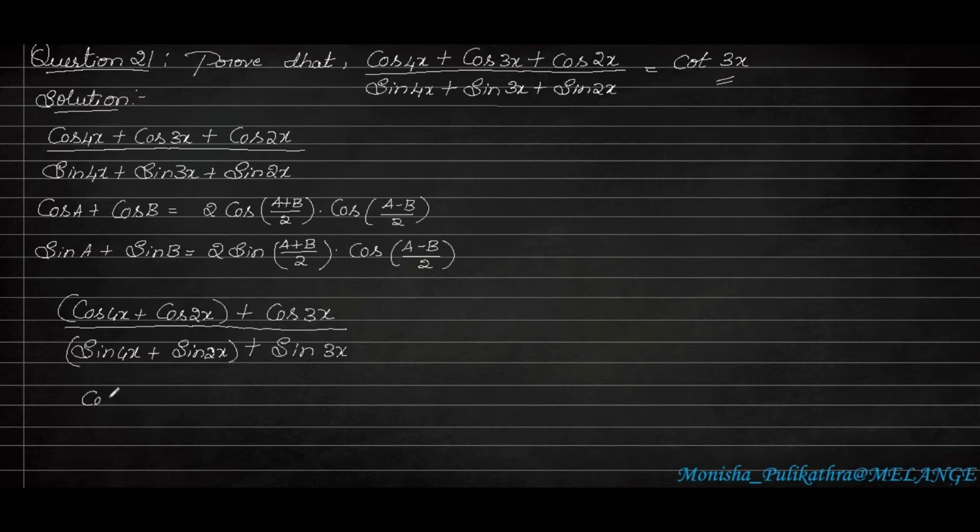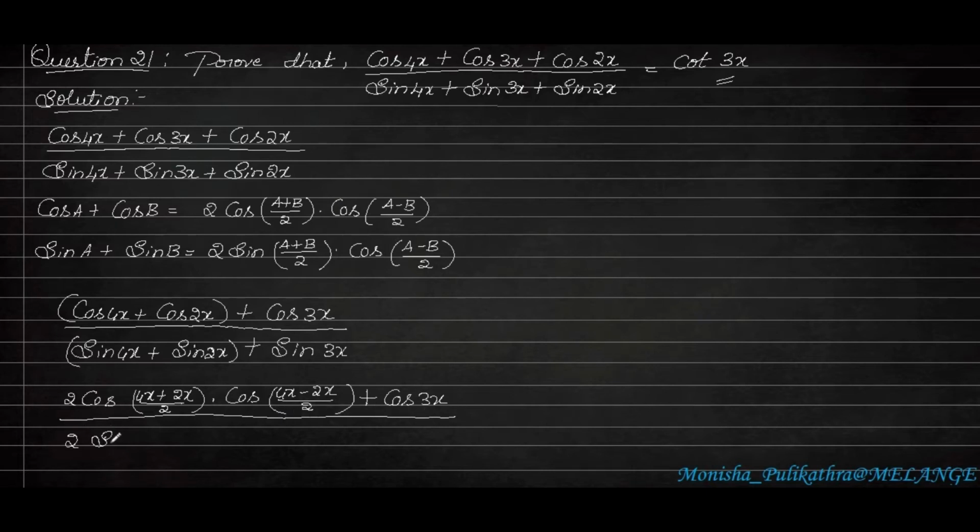So cos a plus cos b becomes 2 cos (4x plus 2x) divided by 2 into cos (4x minus 2x) divided by 2. Later we write plus cos 3x as it is. In the same way in the denominator we apply the formula sin a plus sin b.